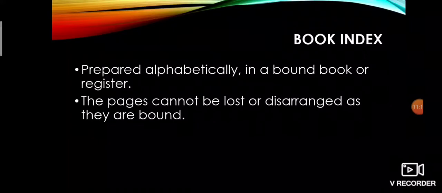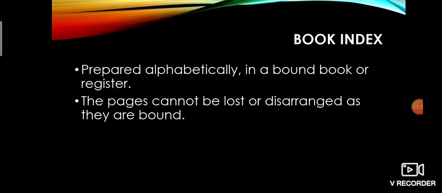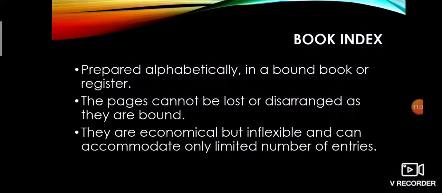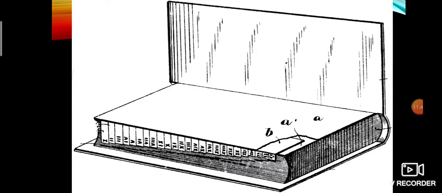But if it is attached with some books, say a ledger, it will indicate the pages of the ledger in which accounts of different persons have been entered. They are economical as well, but inflexible and can accommodate only a limited number of entries. Yun naman ang disadvantage ng book index. For example, hardbound ito na book index.